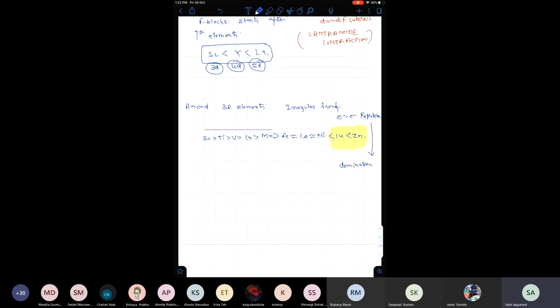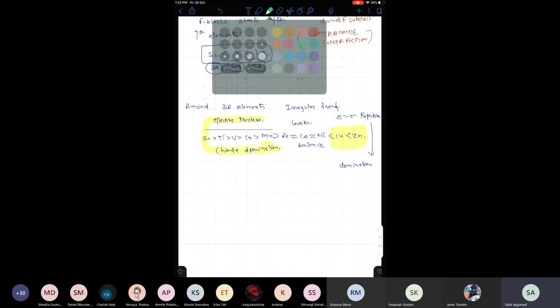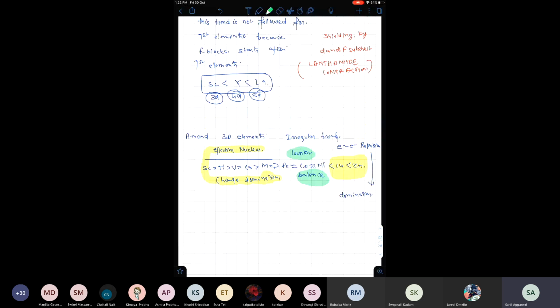Here effective nuclear charge dominates. और इधर क्या हो जाएगा? काउंटर बैलेंस. इधर दोनों एक दूसरे को काउंटर बैलेंस कर देंगे. Hence they have almost same size. Any doubt to anyone in size?